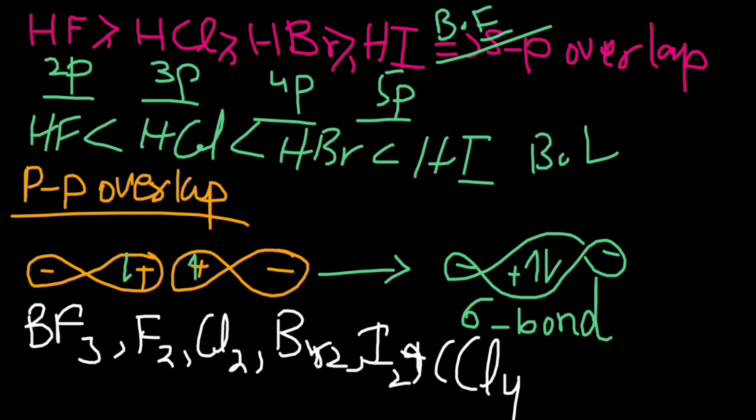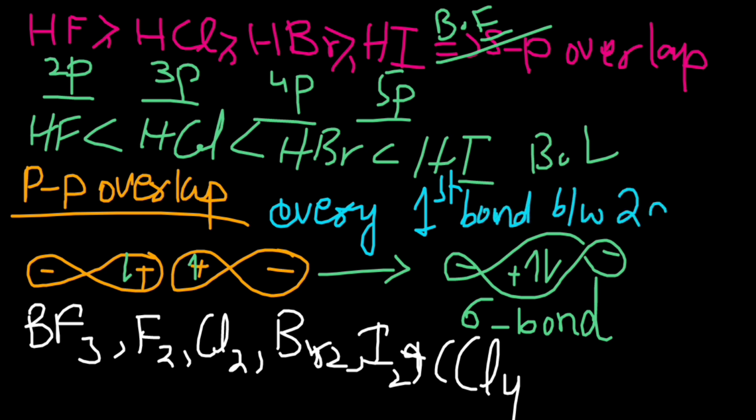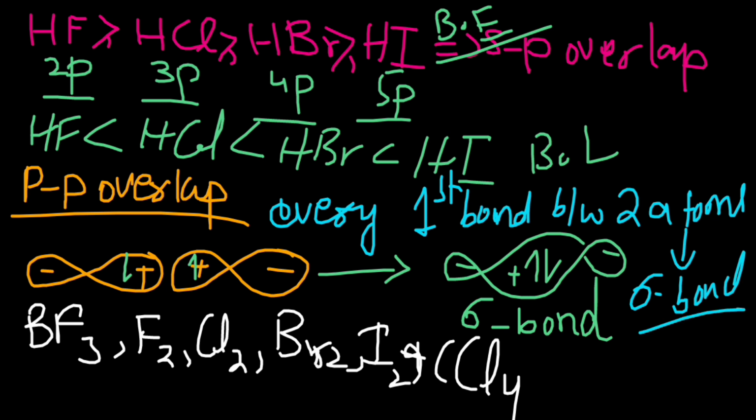Now the very important point about the sigma bond is that every first bond between two atoms is always a sigma bond. So pp overlap will result in a sigma bond if this p orbital is the first orbital between the two atoms that will make a bond.